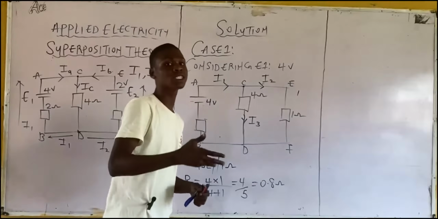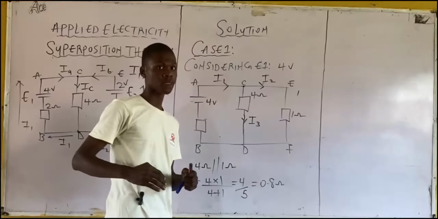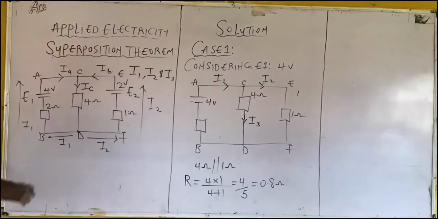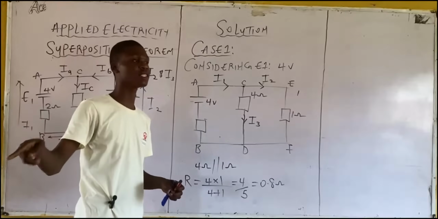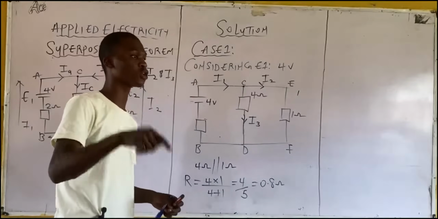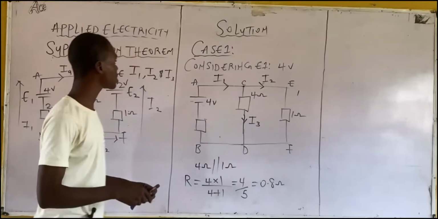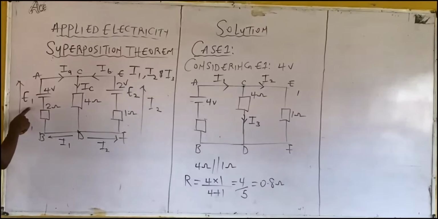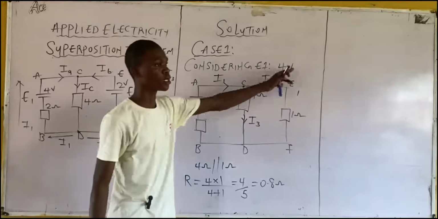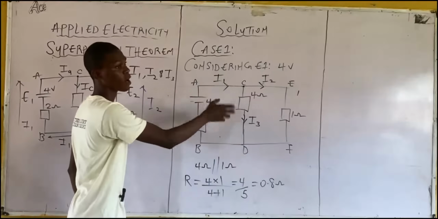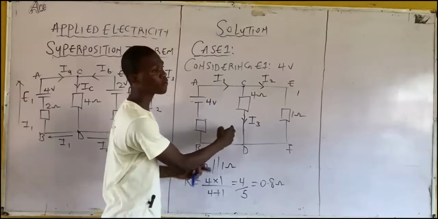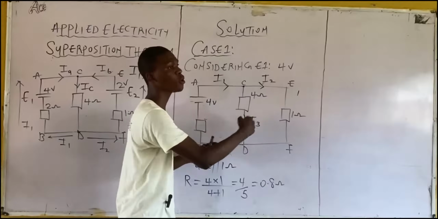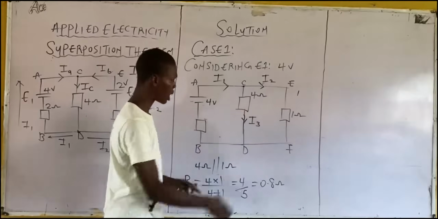Now, what you are doing is that you are reducing your circuit. From stage 1 here, this was the initial question. Implementing superposition theorem that states that we will be considering each source individually. Now, we considered E1, and that was 4 volts, right? And this is it here. So this is our circuit diagram after considering 4 volts. Step 2, solve the resistors that don't have the voltage in them, and that's what we did here.